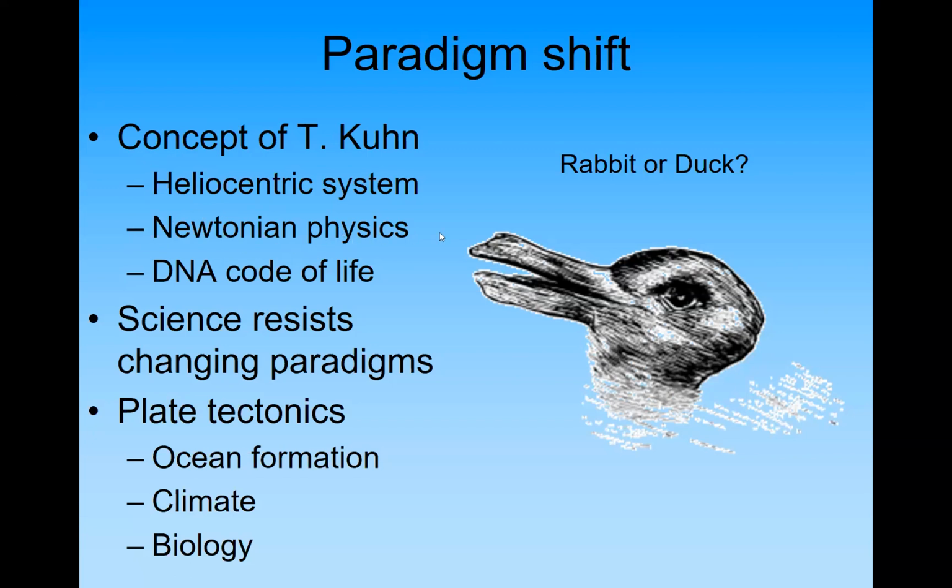Another example is Newtonian physics. Newton explained the motions and orbits in terms of the gravitational attraction between celestial bodies. And so the Earth was being attracted by the gravity of the sun, and the interaction of the Earth's gravitational force and the sun's gravitational force produced an elliptical orbit, which kept the Earth on a path orbiting the sun in a slightly elliptical sense.